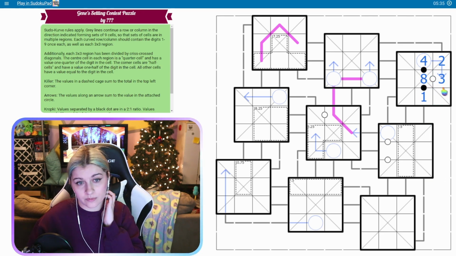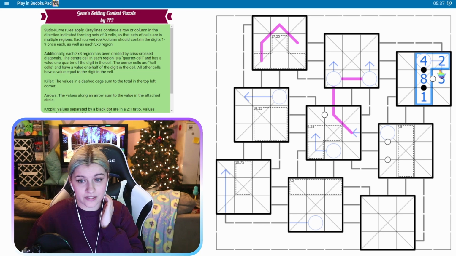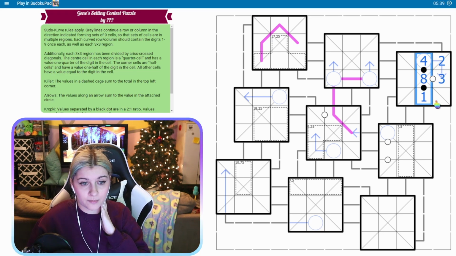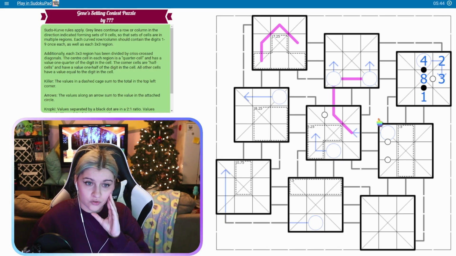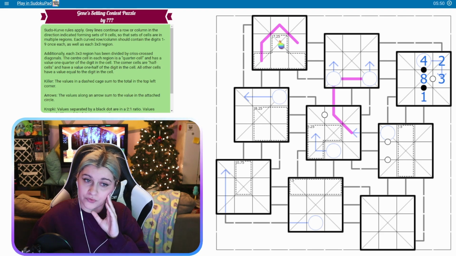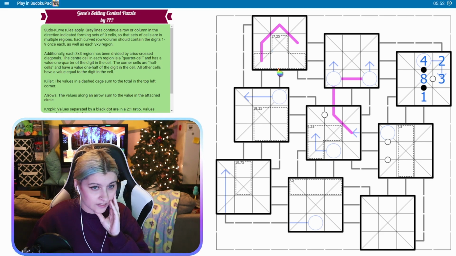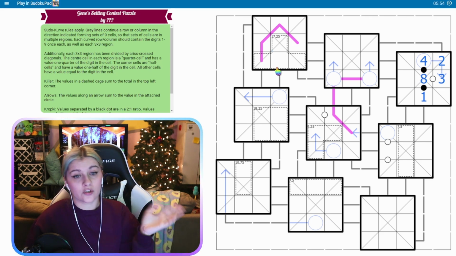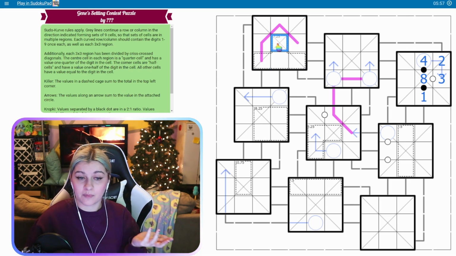Okay, what else do I want to do from here? I think that was a good place to start. That was good. And it also got me thinking about what quarters and halves of numbers are. So, this is interesting. The only way to get 0.25 is if the quartered cell is, okay, there's no way a halved number is going to get me 0.25.